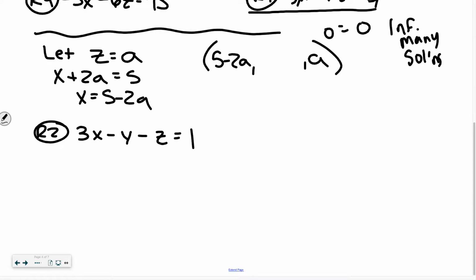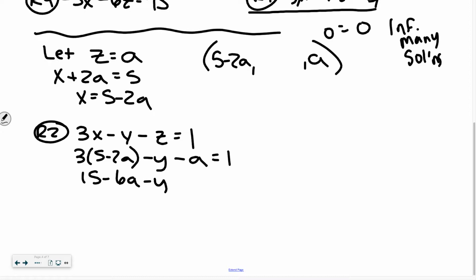Did I copy row 2 correctly? Can you double check? Okay. So now let me plug in. 3 times 5 minus 2a minus y, which I don't know, minus z, which is a, equals 1. Distribute that 3. That's 15 minus 6a minus y minus a equals 1.